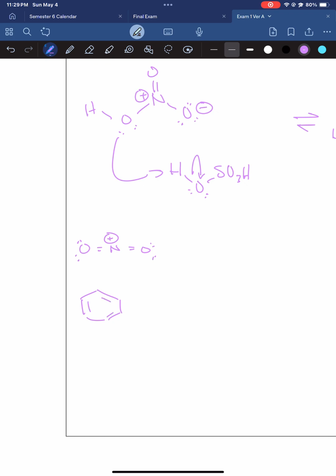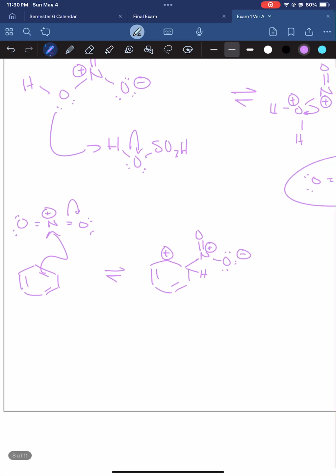This is going to swing up here and attack this nitrogen. These are going to collapse back down. Draw the equilibrium arrows. We're going to have a little something like this. The nitrogen, oxygen. This is going to have a negative charge right there. This is going to have a positive charge. It's going to look something like this with a positive charge here.